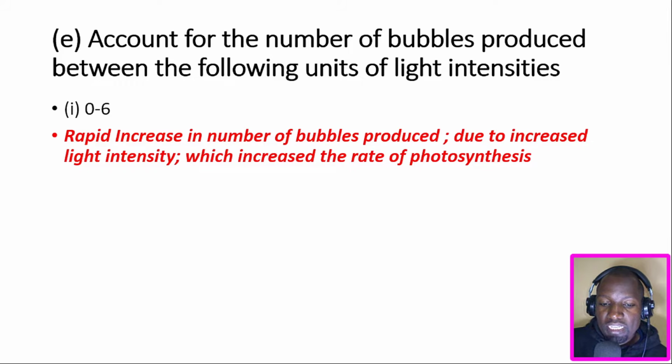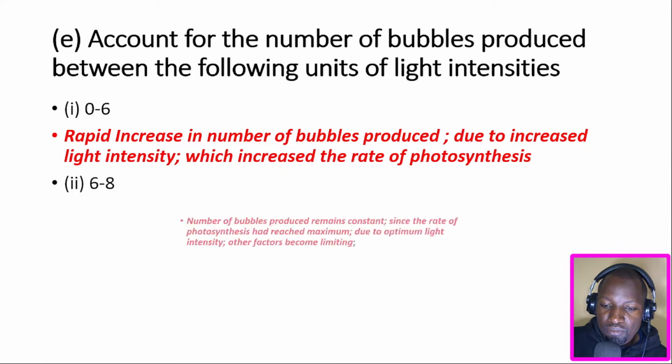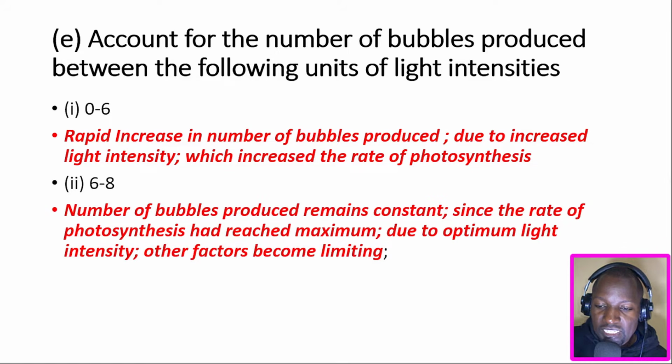Between 6 to 8, the number of bubbles produced remains constant since the rate of photosynthesis has reached the maximum. This is also due to the optimum light intensity.